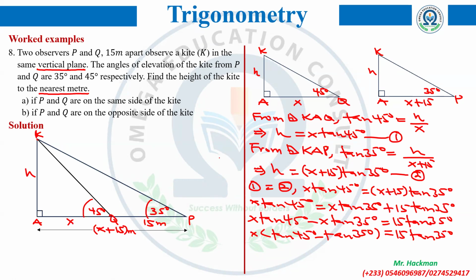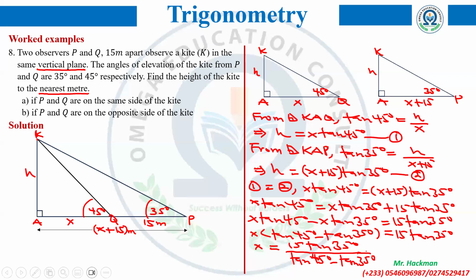Now we write it again and we divide. So that will give us x equal to 15 times tan 35 degrees over tan 45 degrees minus tan 35 degrees.